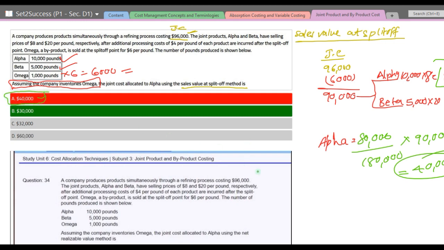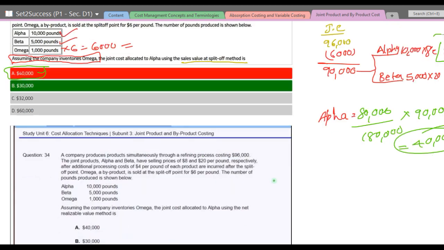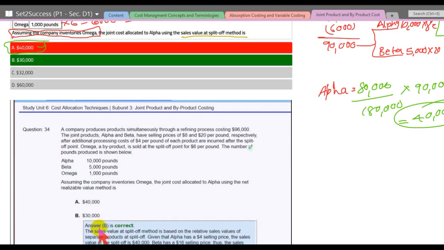Now the same here, this is the same question, but here basically the mistake is that it's not sales value at split-off. It is the NRV method. So let us solve this MCQ using the NRV method.